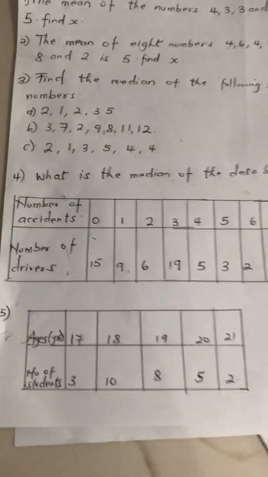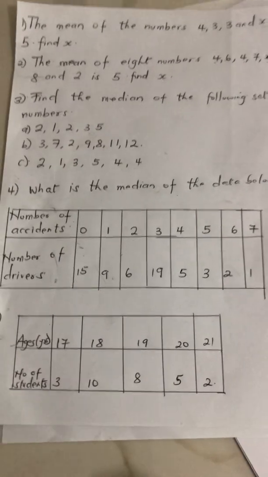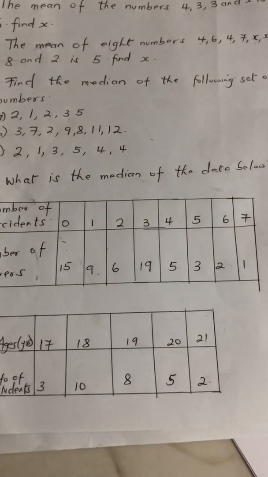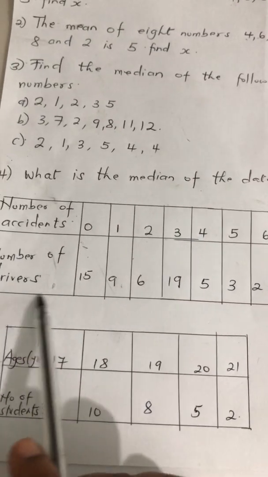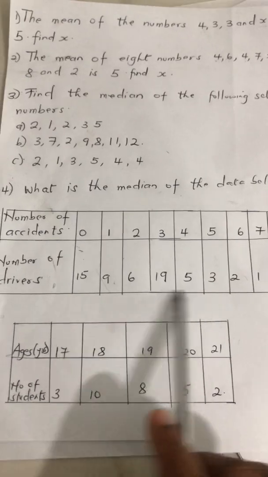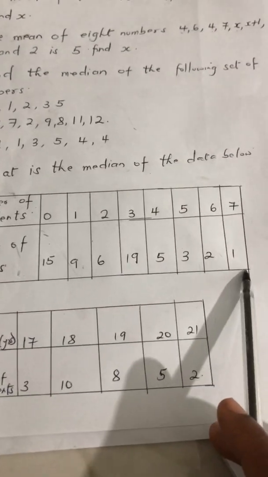When you have a frequency table given to you, the n here is the number of members. So for the frequency table, the n is the number of people, that is the frequency. So the n in your formula here is the total frequency.